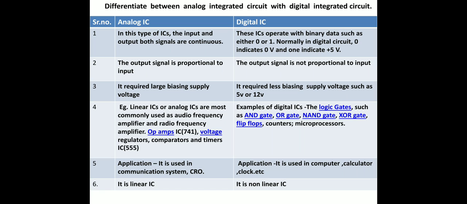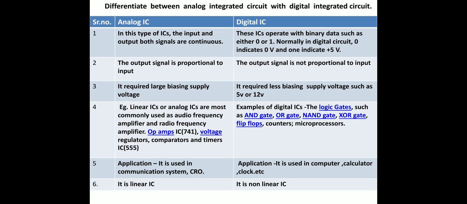Analog IC examples, most commonly used, are audio frequency amplifier and radio frequency amplifier, op-amp IC741, voltage regulator, comparator, timer IC555. Examples of digital ICs are the logic gates such as AND gate, OR gate, NAND gate, XOR gate, flip-flop, counters and microprocessor.